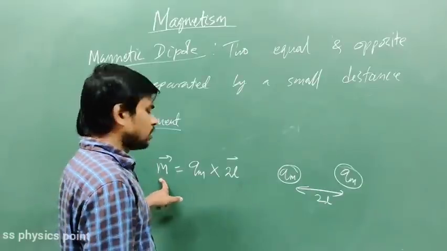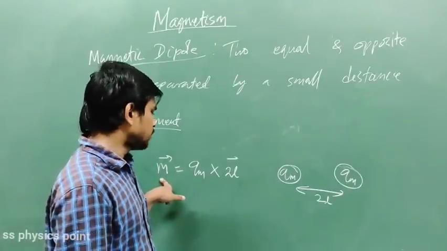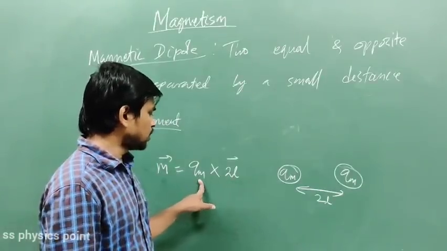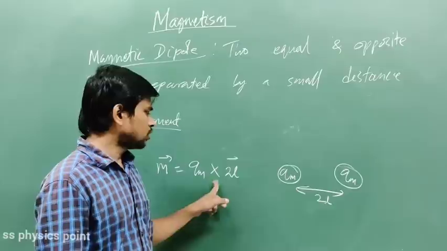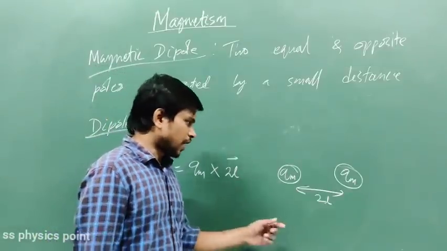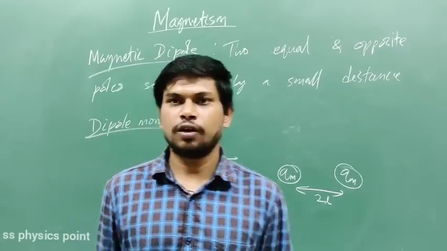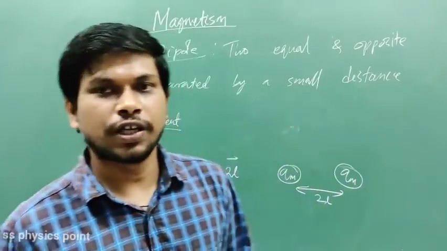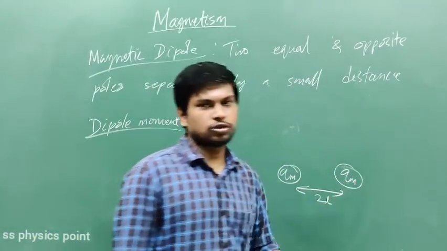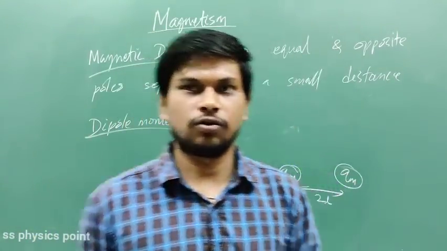So the magnetic dipole moment is defined as the product of either pole strength and the magnetic length. The distance between the two poles is known as the magnetic length, or the separation between the poles. Whatever you are writing is correct.